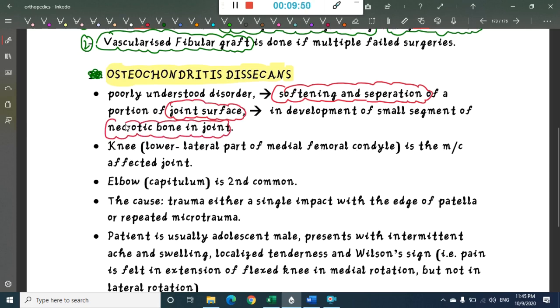When the joint surface undergoes softening and separation, at least a small segment of necrotic bone is left in the joint, and that is called osteochondritis dissecans.